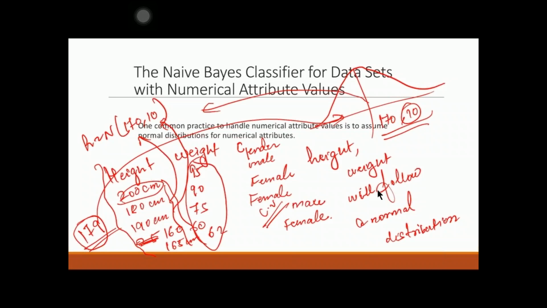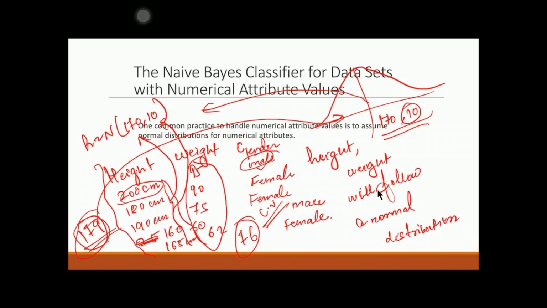Similarly, weight will follow a normal distribution with a different mean and different standard deviation. And the weight of this same person is, let's say, 76. Now, what is the probability of 76 coming from a male, and what is the probability of 179 centimeters coming from a male?